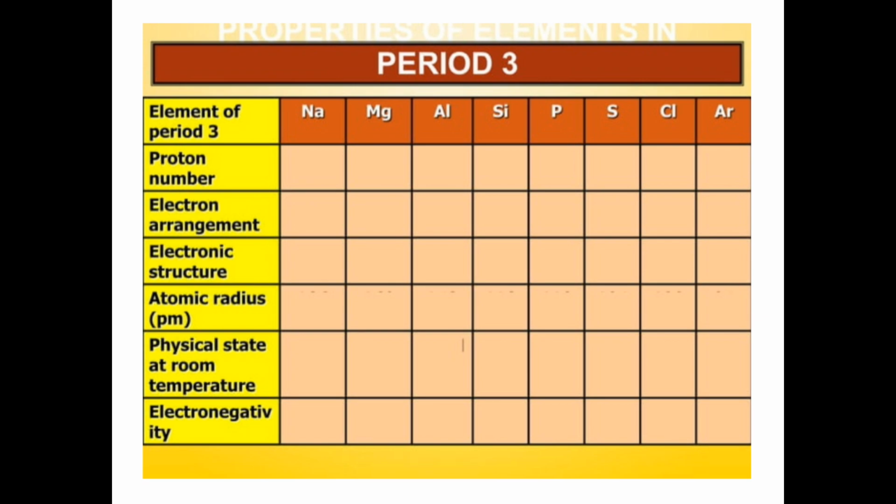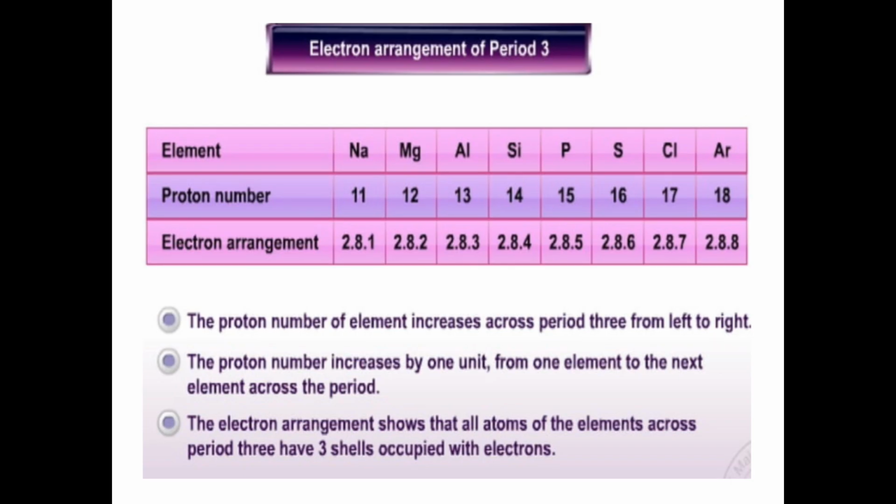And then we are also going to be comparing the elements in period 3 and period 2 in terms of their similarities and their differences. Okay, so let's look at first and foremost the electronic arrangement of elements in period 3.